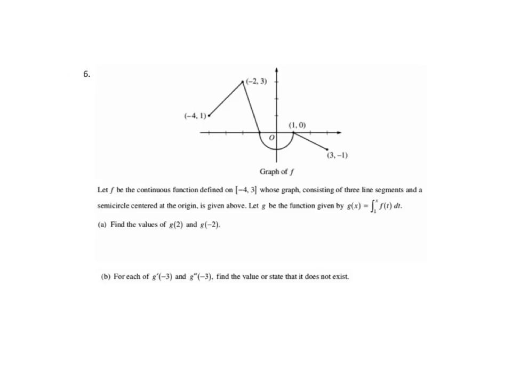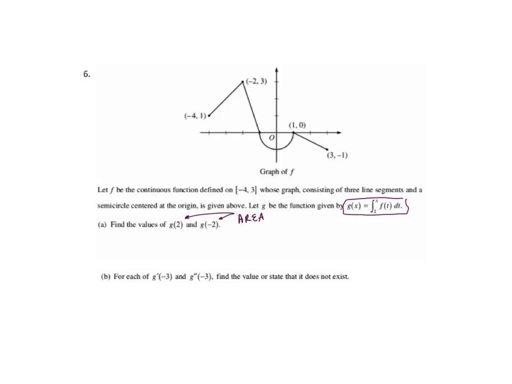Okay, for our next question, we need to find the values of g at 2 and g at negative 2. We need to note that g of x is defined as that bounded area. A good side note, definitely don't write this on your test papers, but this is just asking for that bounded area.